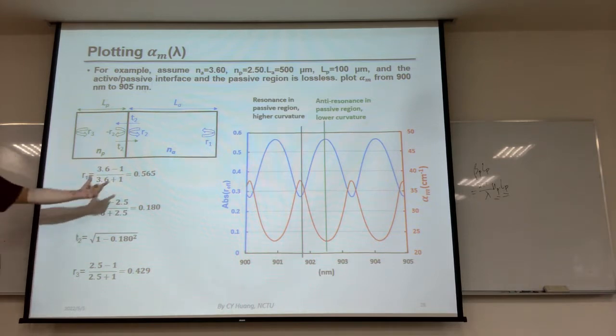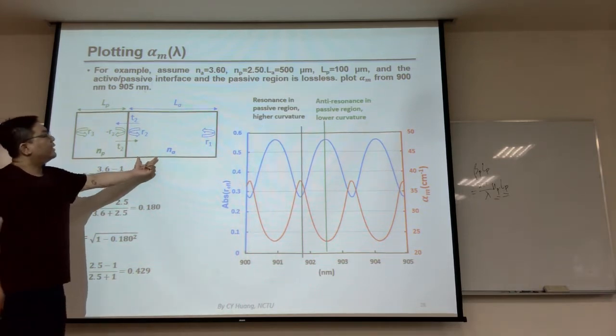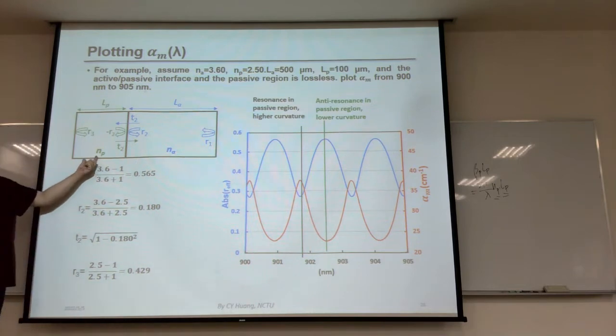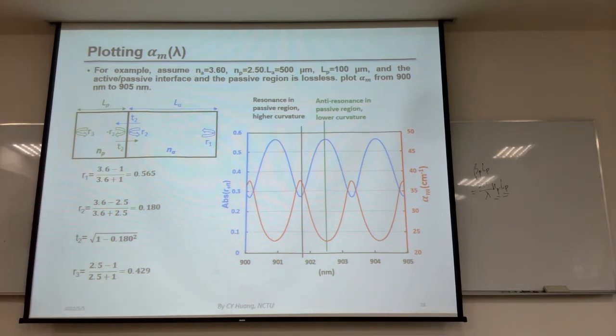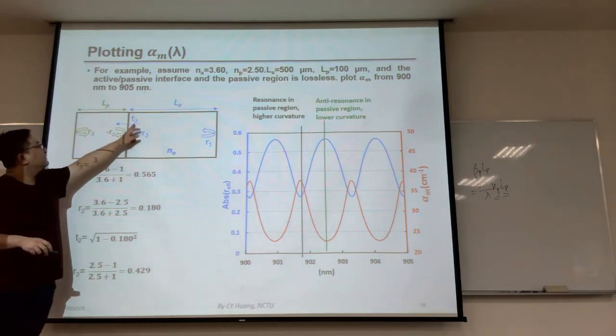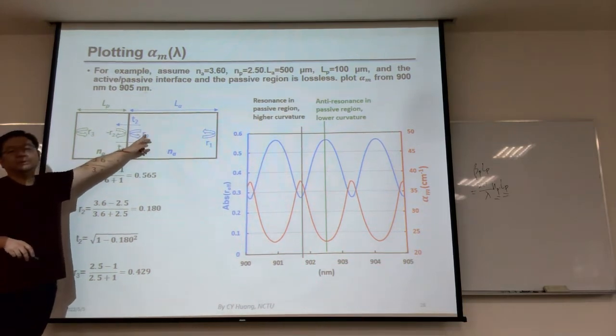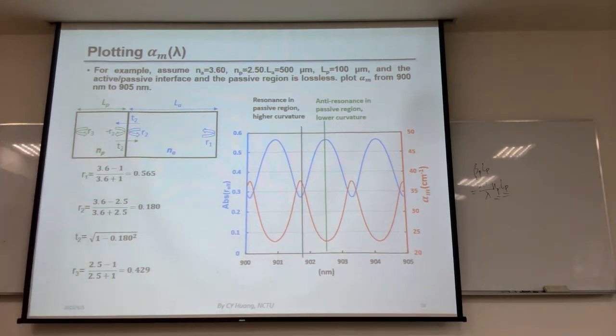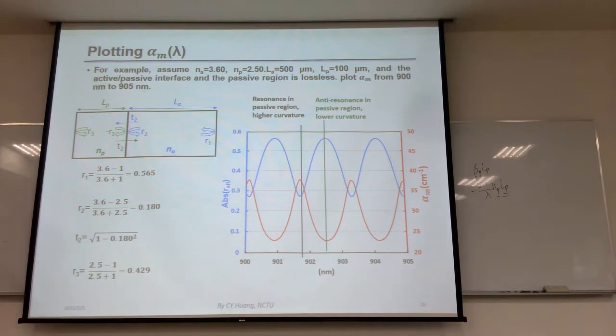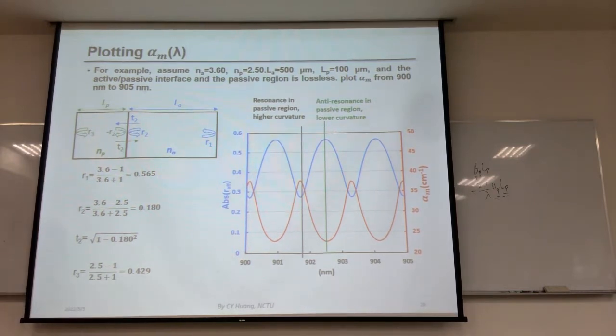The active region is 500 micron. The passive region is smaller, only 100 micron. And the interface between the active and passive regions is lossless. So we can just assume T2 squared plus R2 squared is equal to 1. So let's compute some values first.